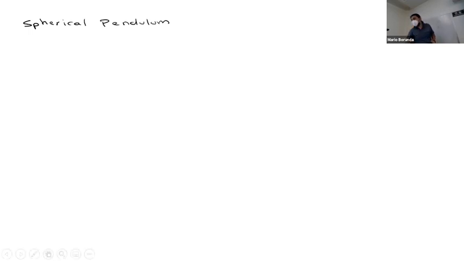So this is complicated to draw. Let me go back to the board. All right. So what I'm thinking about is the following. We're going to have a sphere. There's your sphere. There's going to be an axis passing through its center.